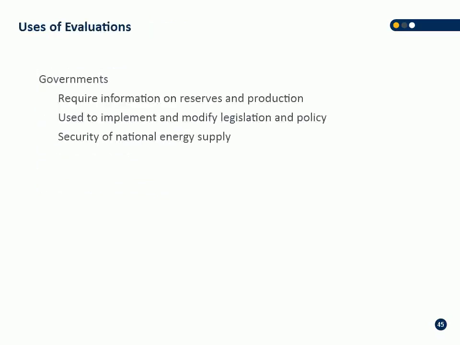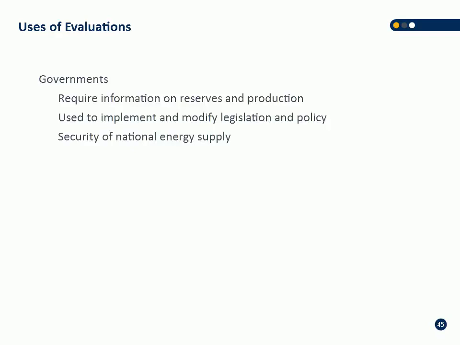Finally, governments. Governments like yourselves require information on reserves and production. They use the information to implement and modify legislation and policy. And it's key to the security of national energy supply for a lot of countries. So the government needs to have a handle on their oil and gas assets, which is why they require evaluations.